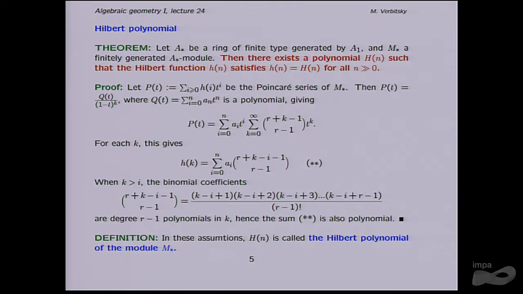So, theorem: again you have A a star finite type, a finitely generated A-star module M. Then there exists n sufficiently big and a polynomial P_M of t such that the Hilbert function of n is equal to the polynomial P_M of n for all n sufficiently big.